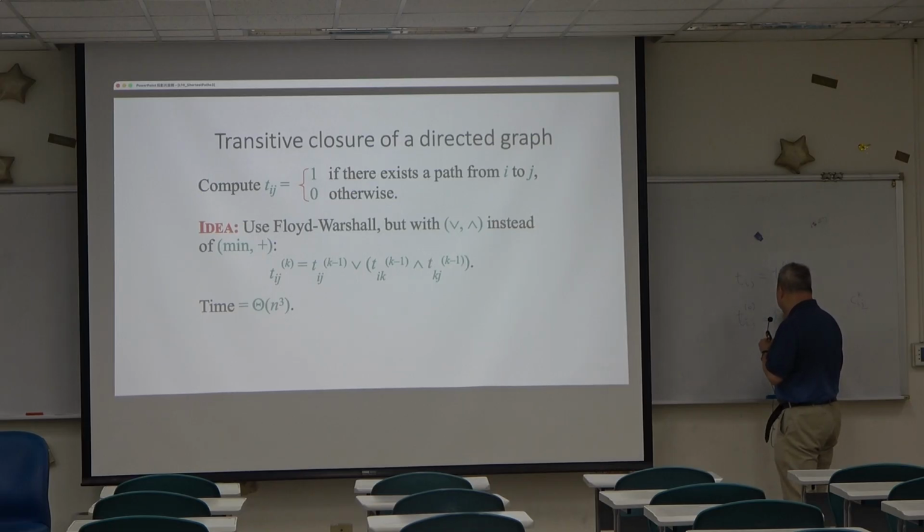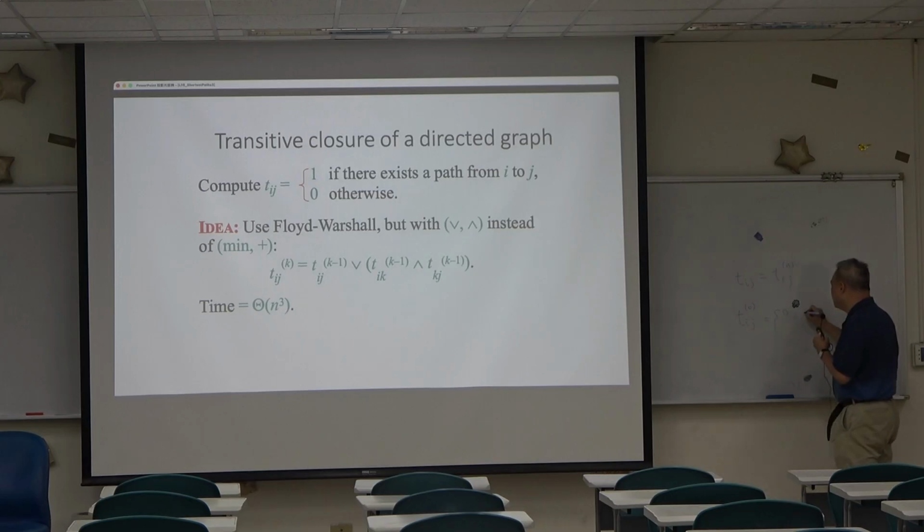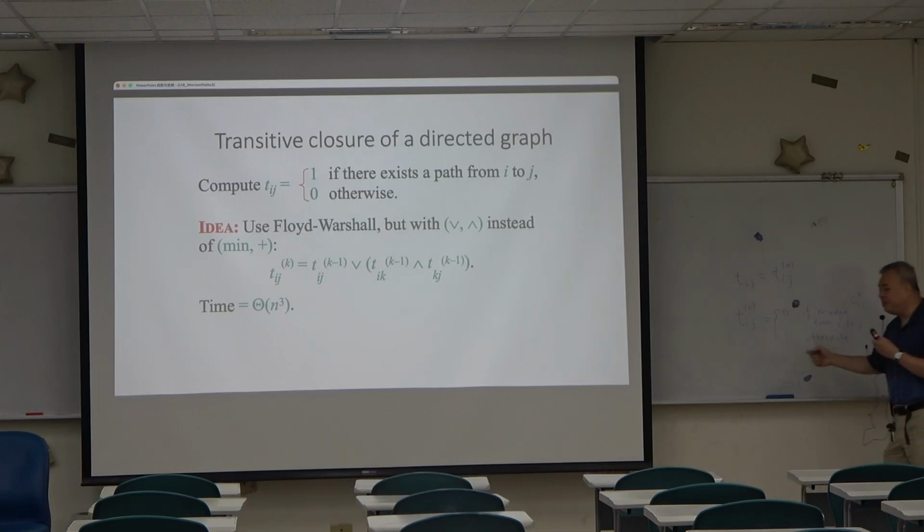It is 0 if there is no edge from I to J, 1 otherwise. So this one can be derived easily from the adjacency matrix as well.